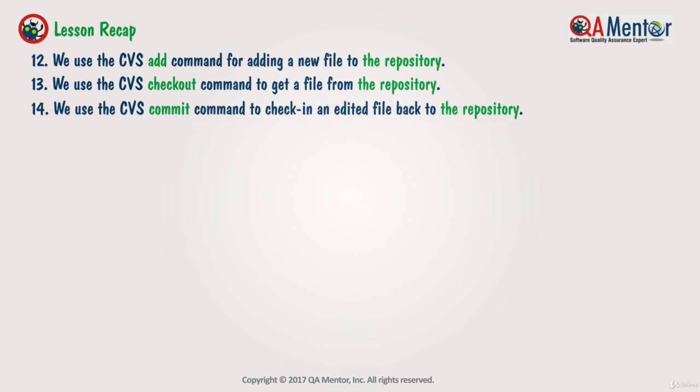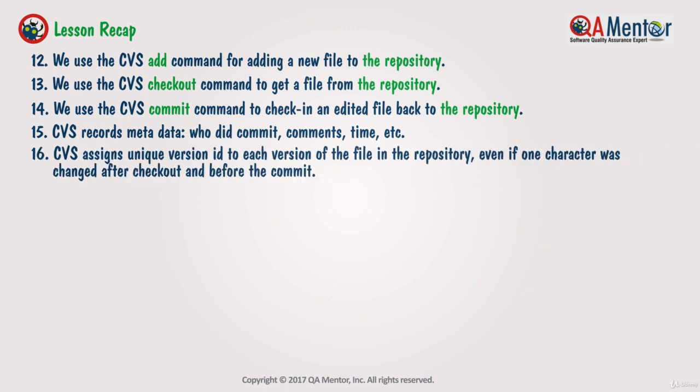We use the CVS commit command to check in an edited file back to the repository. 15. CVS records metadata: who did the commit, comments, time, etc. 16. CVS assigns a unique version ID to each version of the file in the repository, even if one character was changed after checkout and before the commit.